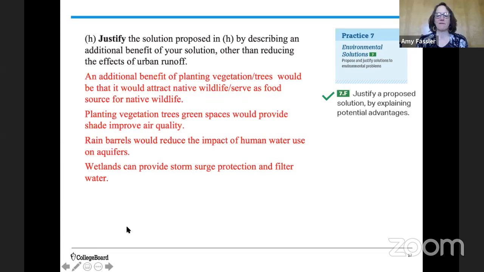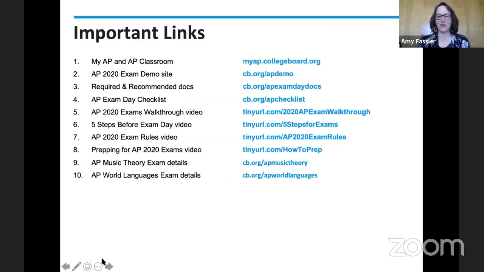So lots of good connections there to provide another benefit that allows me to justify that solution. So we kind of worked through describing a solution, describing the benefits of that solution, and justify it by explaining other potential advantages. So hopefully you did well on that question also.